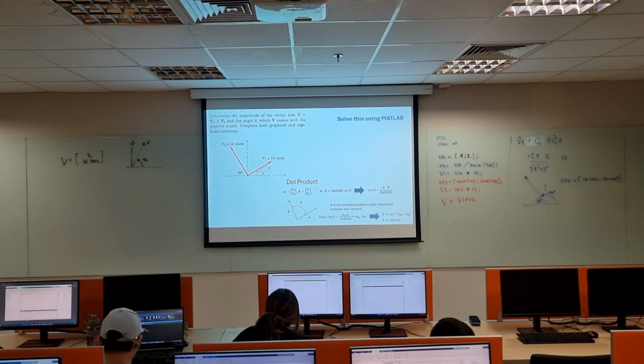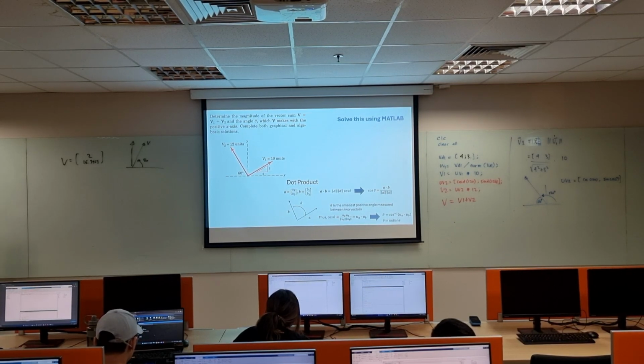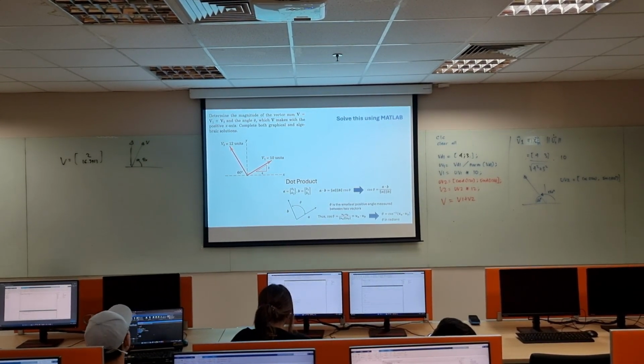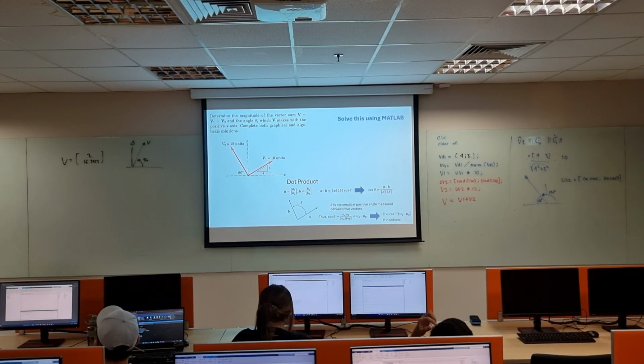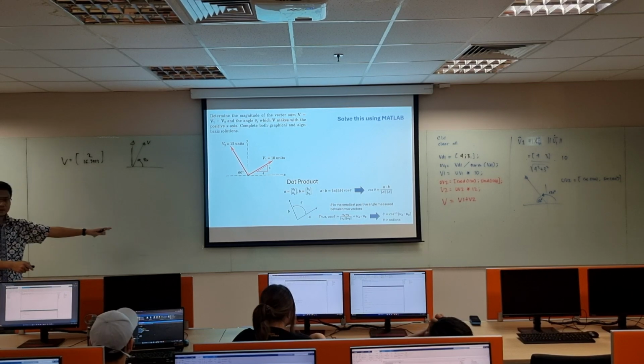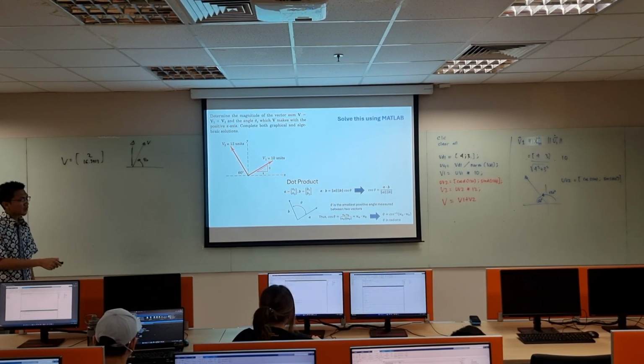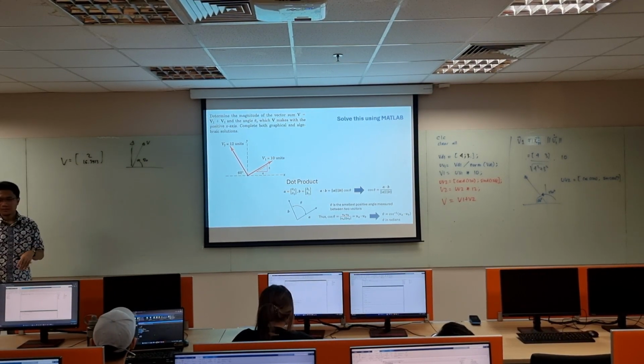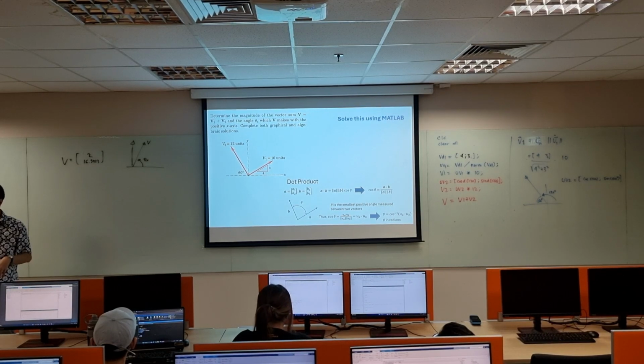Okay, that's one method. The other method that I wanted to use is the dot product. How do we use this? We have two vectors in here, vector A and vector B. Let us choose vector A to be this one. What is vector B?